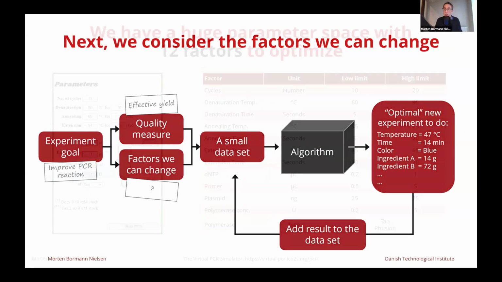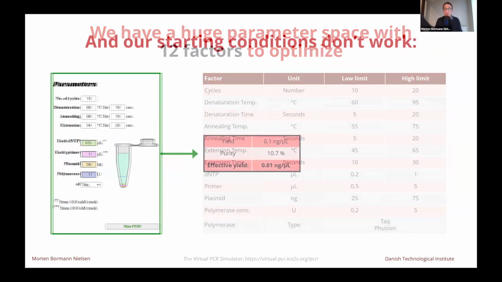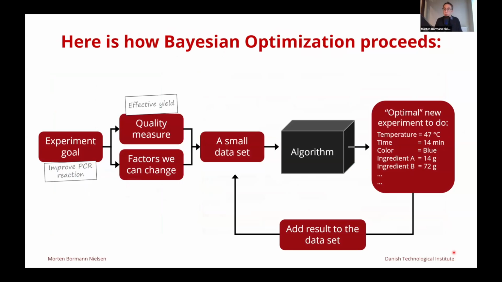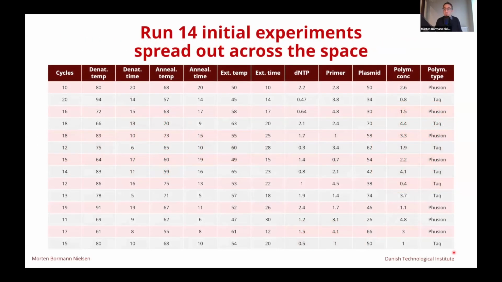And as I said, this is a complicated machine. So in this case, there are 12 factors that we can optimize, each with a higher and lower limit. And the starting conditions that we're given give a very, very low yield compared to the goal that we have. So here's how Bayesian optimization would proceed in this case with the small data set. We're going to collect information at, in this case, 14 initial runs where none of the settings are identical across all of them.